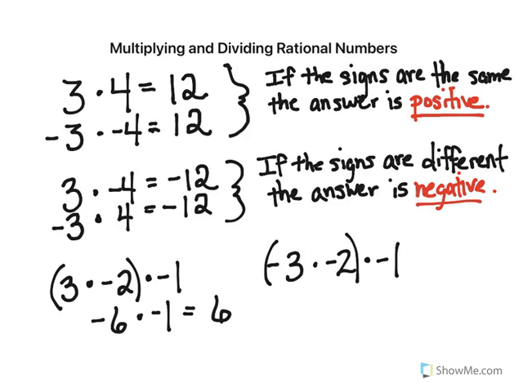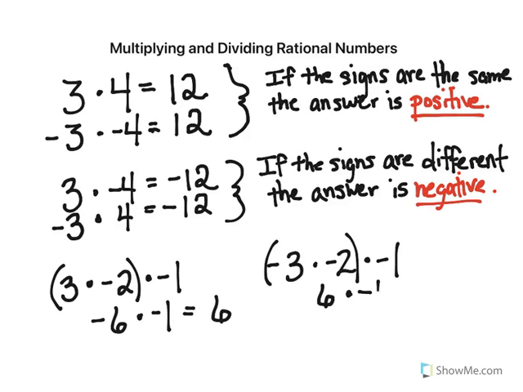You can multiply in order from left to right, because that is what PEMDAS tells you to do: multiply and divide from left to right. Negative 3 times negative 2 is equal to positive 6, because the signs are both the same.